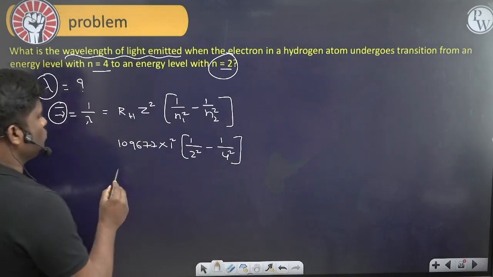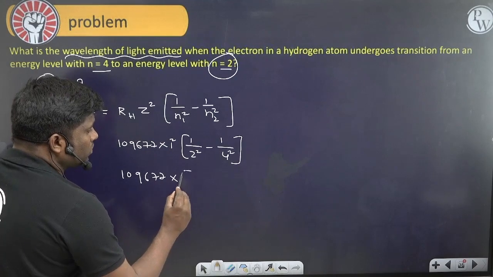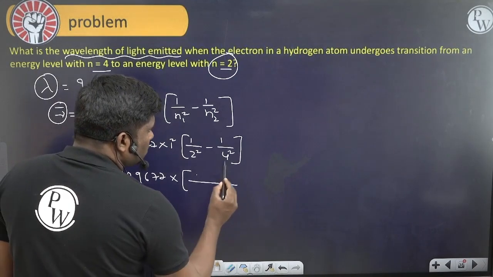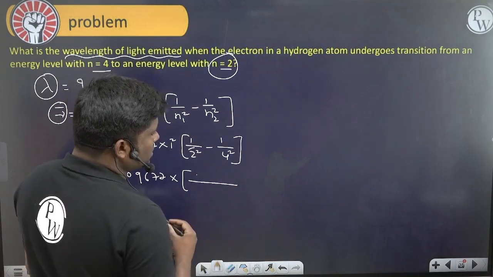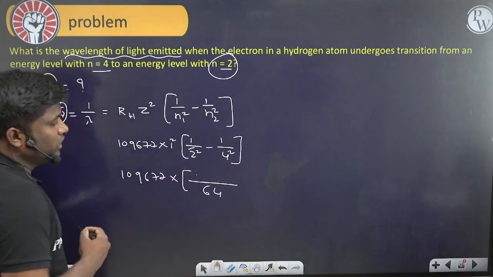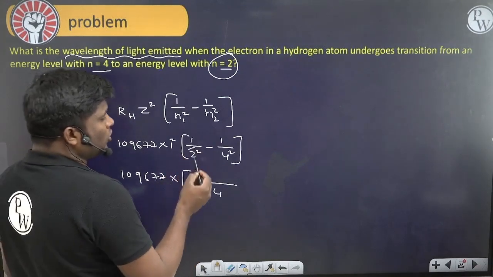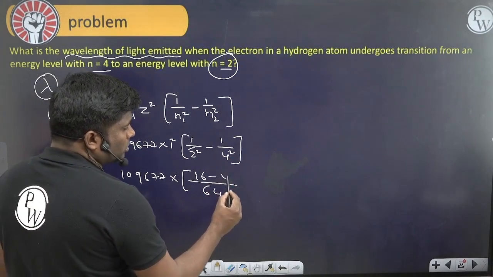So this is 109677 into this one will be 4 and this one will be 16, 16 into 4 is 64. Here you will be getting 16 minus 4.